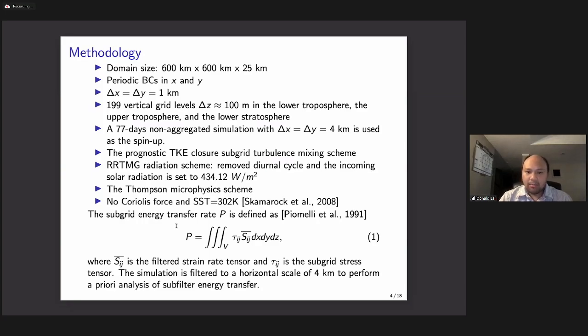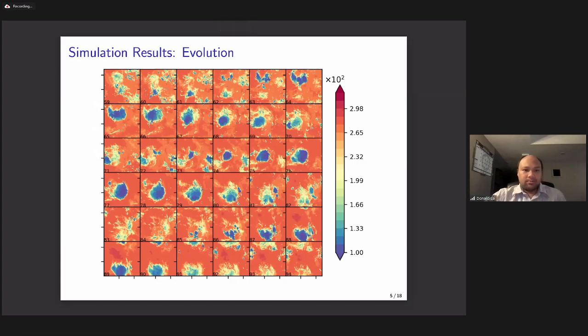This is because positive means the energy transfer into the resolved flow, and dissipation is negative because it's just energy lost to the resolved flow. And so, as I said, this is a non-aggregated RCE simulation.